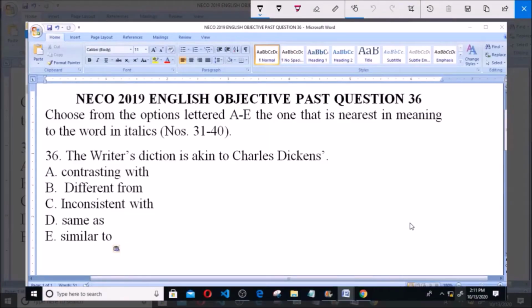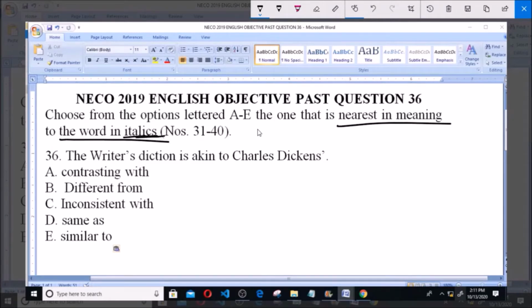Welcome. This is NECO year 2018 English objective past question number 36, and to this question we have this instruction which says choose from the options lettered A to E the one that is nearest in meaning to the word italicized.